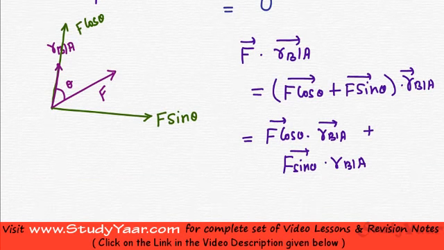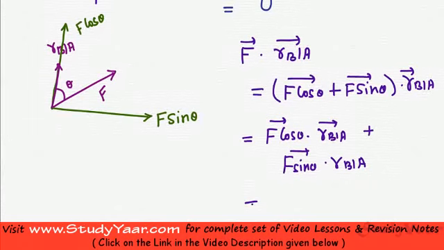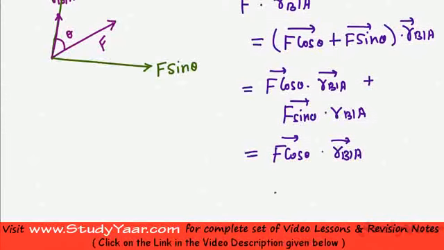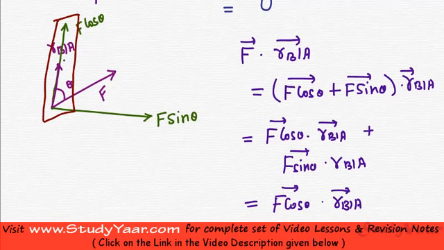Now if you look at this, the F sin theta force is perpendicular to the displacement. Therefore this work is going to be 0, or rather this dot product is going to be 0. So what you get is F cos theta vector dot rb by a. Essentially, your work done is the component of force in the direction of displacement times displacement.